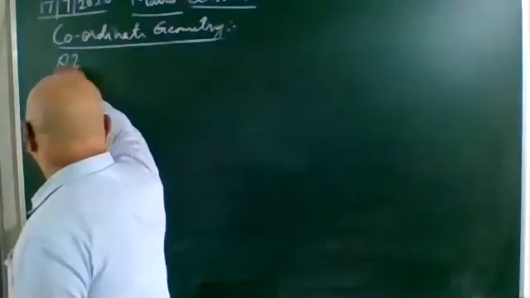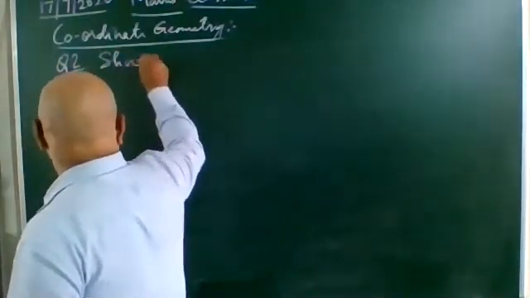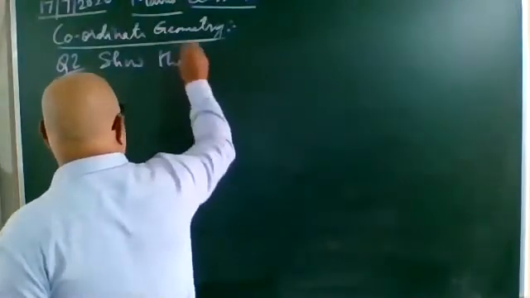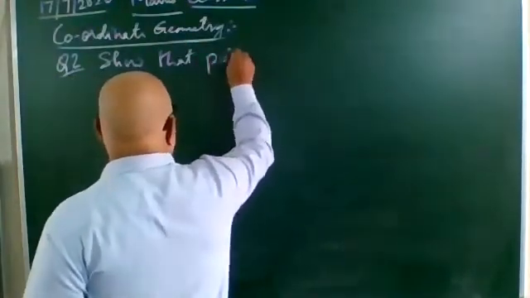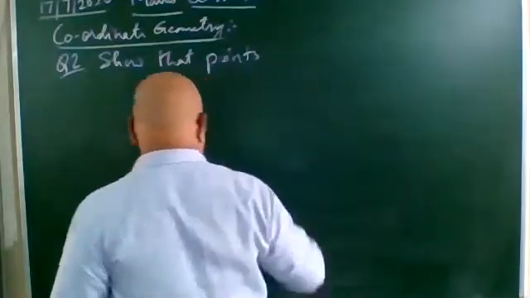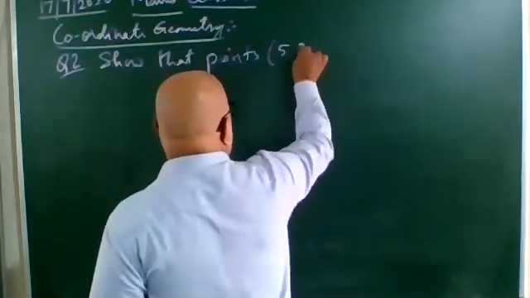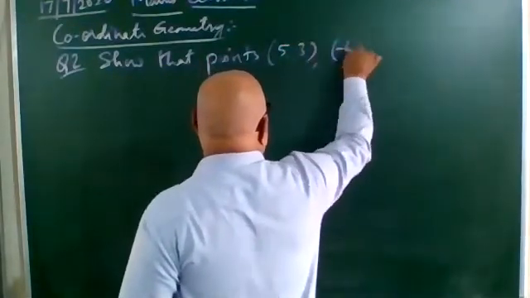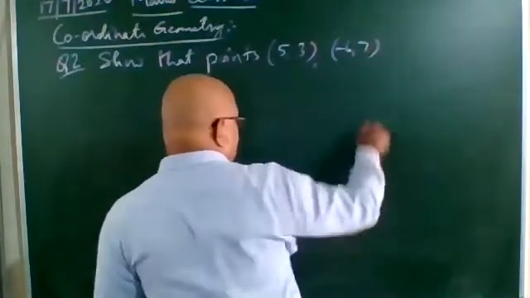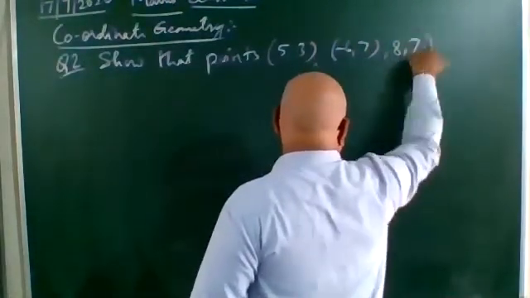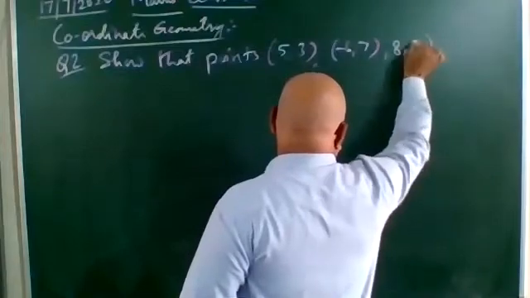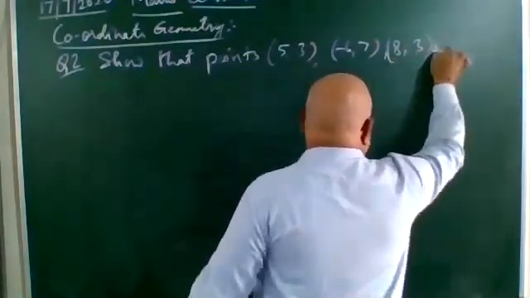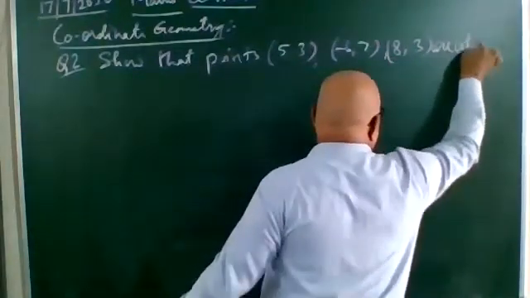Question second: show that points 5, 3, minus 6, 7, 8, 3 are collinear.